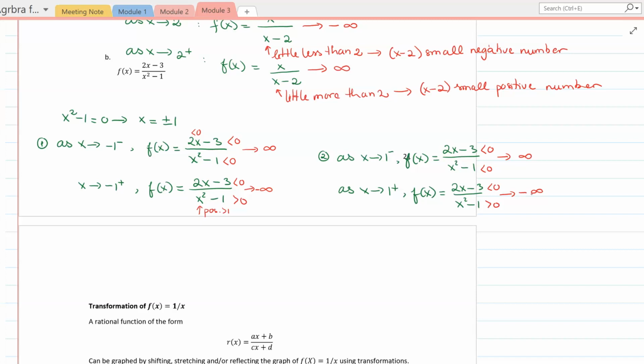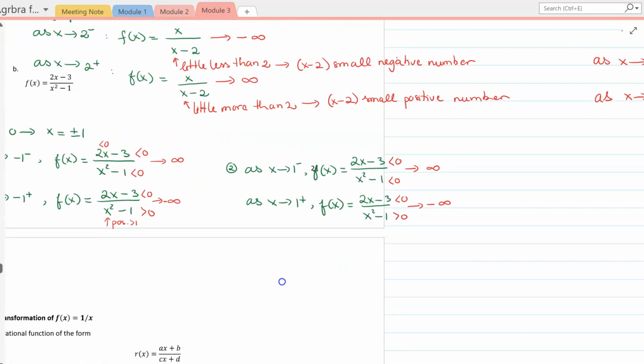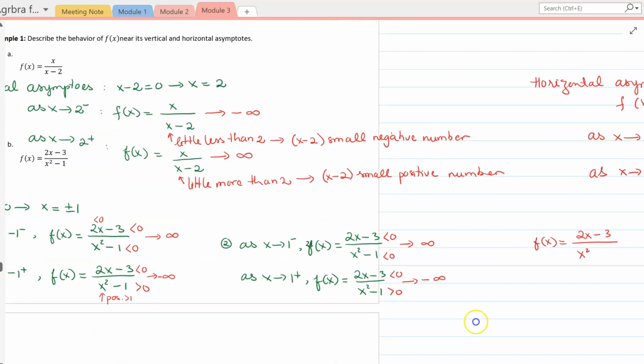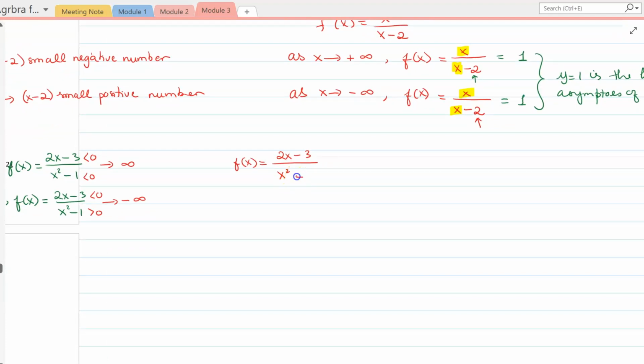Now, let's talk about the horizontal asymptote of f of x equal to 2x minus 3 divided by x squared minus 1. So as x gets really large to positive infinity, then the behavior of this function is being determined by these values, right? Because negative 3 and negative 1 do not really affect the value of the function as x gets larger and larger.